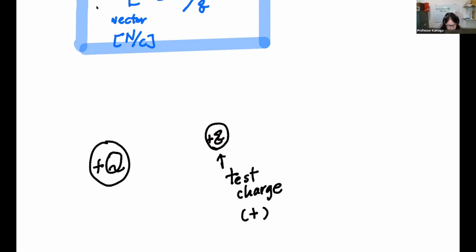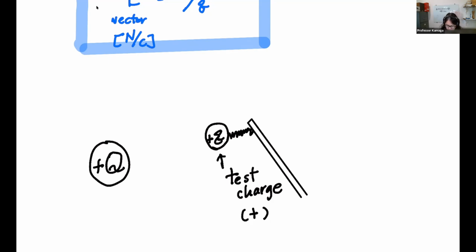So what I do is I bring this little test charge, and imagine there's a little stick here, and it's connected with a little spring.